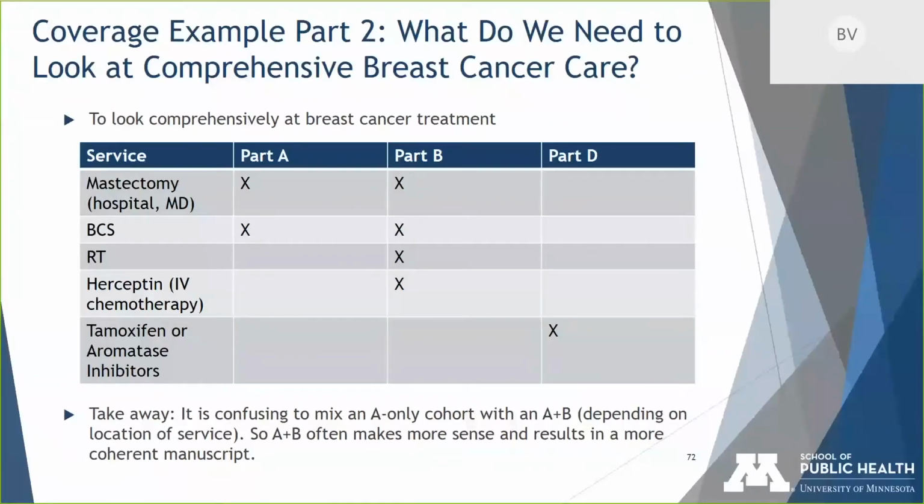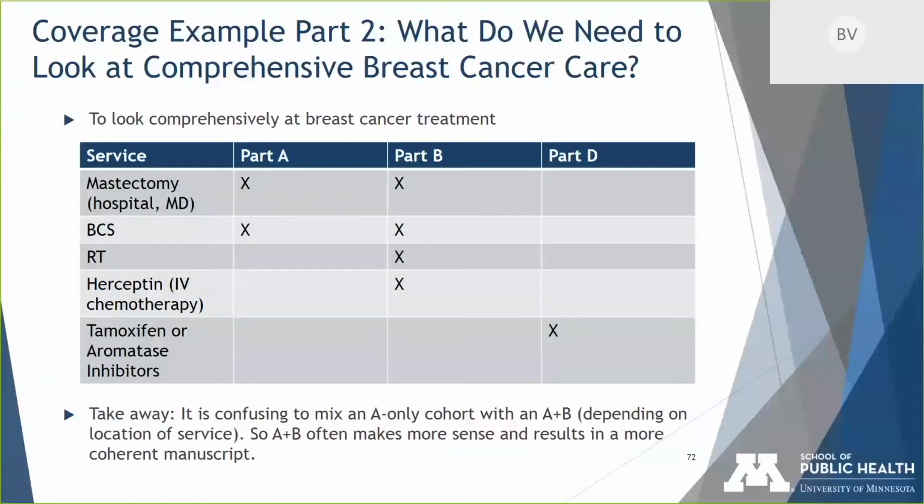So if you have a chemotherapy agent that has an IV equivalent or metabolite, then it will be covered under Part B, and you need to make sure your individuals have Part B coverage. If your drug of interest or chemotherapeutic agent doesn't have an IV equivalent, then it will be covered under Part D, and other prescription drugs will be covered under Part D.